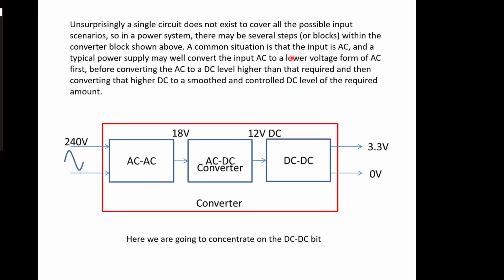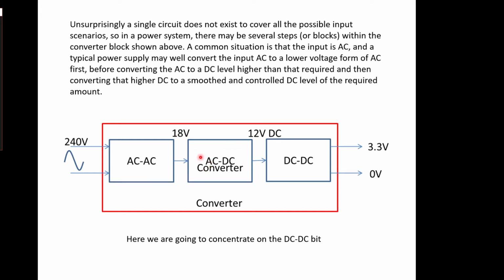So this is a common situation. The input is AC, 240 volts AC mains supply, and we want to turn it into 3.3 volts. So we need to understand how we might get there. One common architecture is to take the 240 volts down to a value which electronics can deal with more easily. So we have an AC to AC conversion down to 18 volts or so typically, and then an AC to DC conversion.